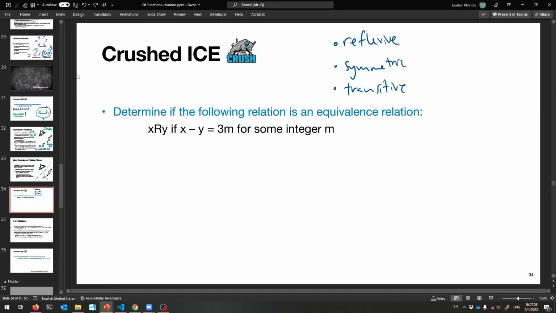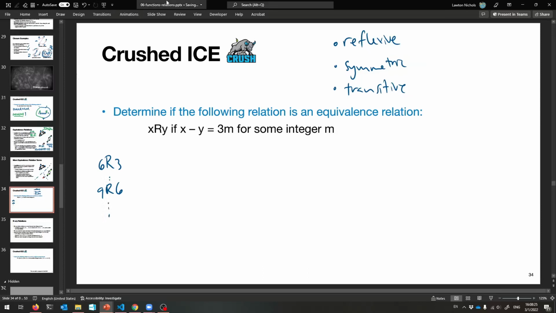So 6 and 3 are related under R, right? Because 6 minus 3 is equal to 3, where m is 1, that works. Same with 9 and 6, because 9 minus 6 is again 3, where m is 1, that's still a multiple of 3. Things like that.